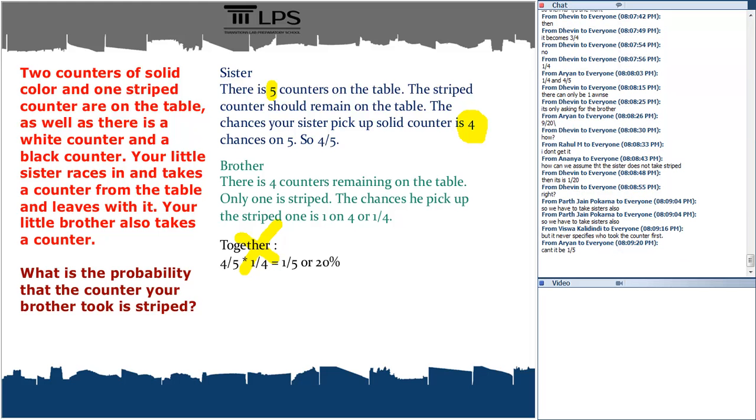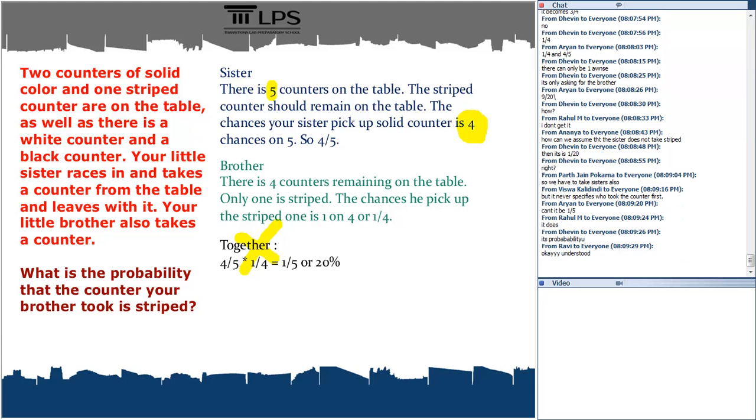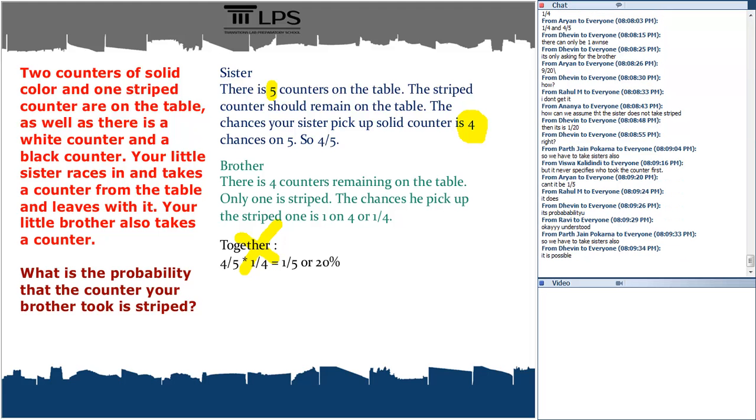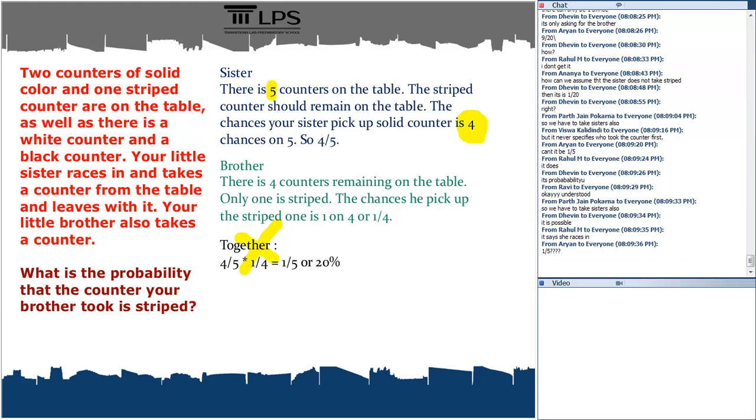It very clearly specifies. Vishwa, read the question carefully.